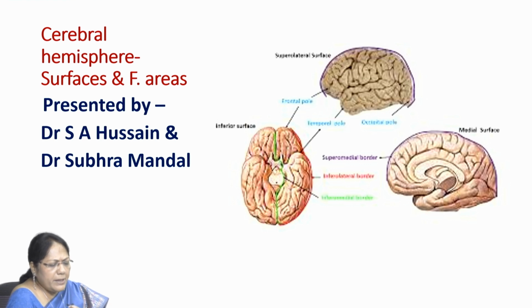In this picture you can see the medial surface. The upper one is the superomedial or medial border, and medial to it lies the medial surface of the cerebral hemisphere. You can see the corpus callosum, which is the connecting fibers between the two cerebral hemispheres.